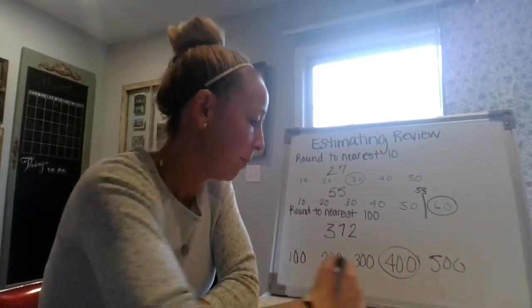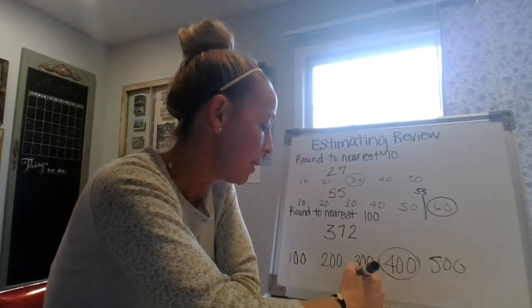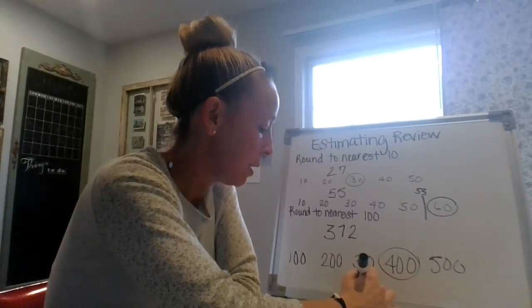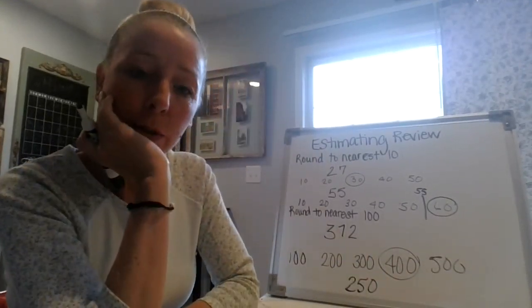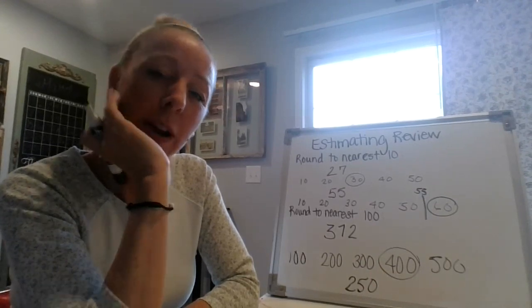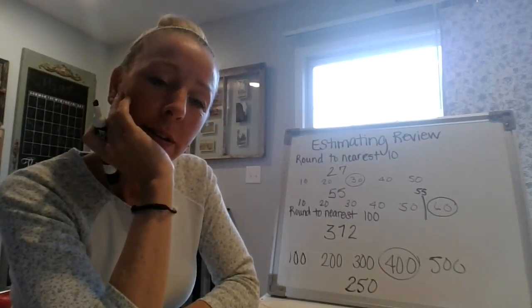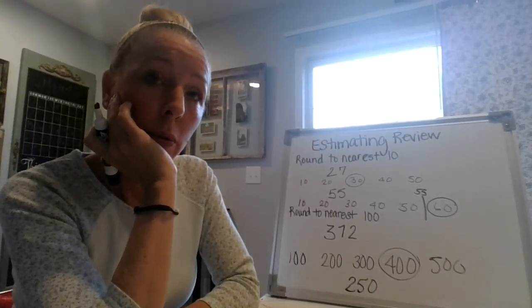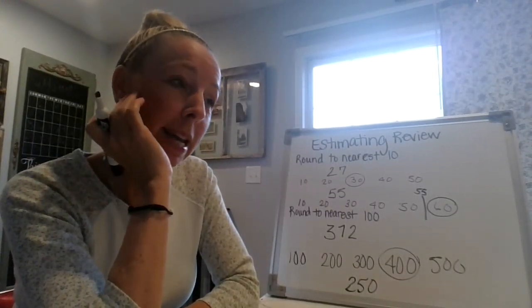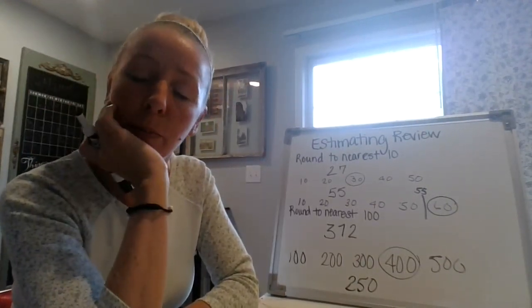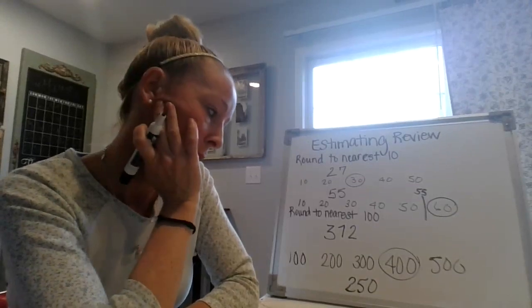Challenge question. What if I said 250? Round that to the nearest 100. Or estimate, because for estimating problems, you're going to need to round. We would estimate an answer by rounding to the nearest tens or hundreds, whatever the problem asks you to do.